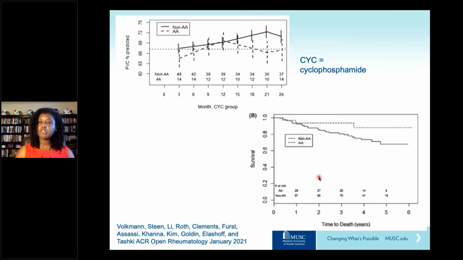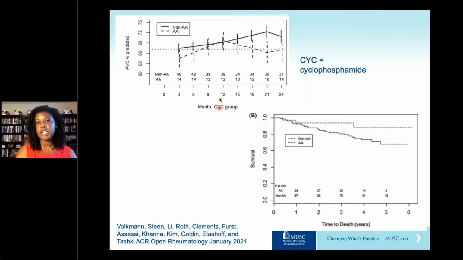So this is the graph of what I just described in words. So in the upper left corner here, the dotted line represents African American patients. The solid line represents non-African American patients. And over here on the left is one of the parameters we use to measure lung function. And at the bottom is the number of months that the patients were treated with cyclophosphamide.